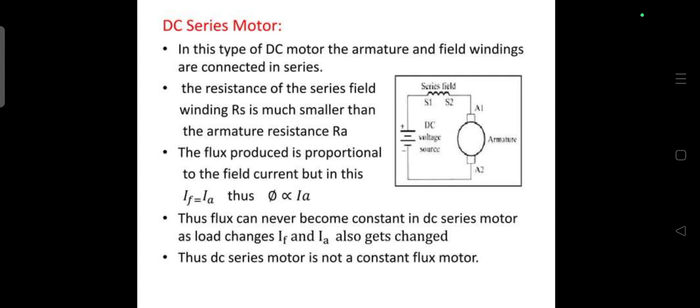The flux produced is proportional to the field current. When the field current increases, flux increases. When the field current decreases, flux decreases. This DC motor is not a constant flux motor.